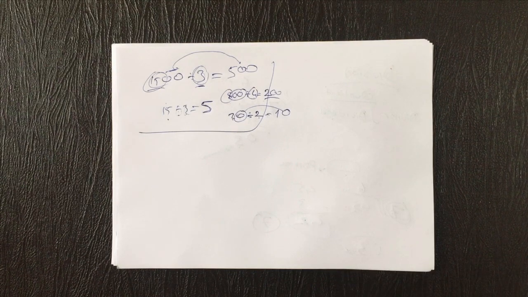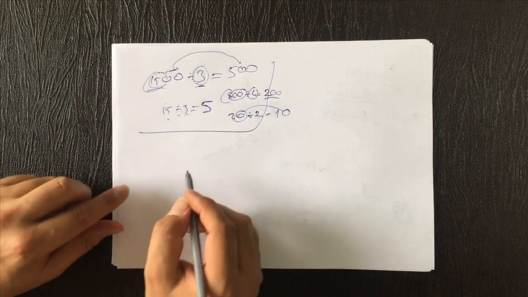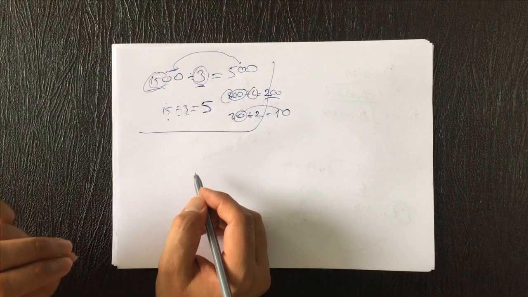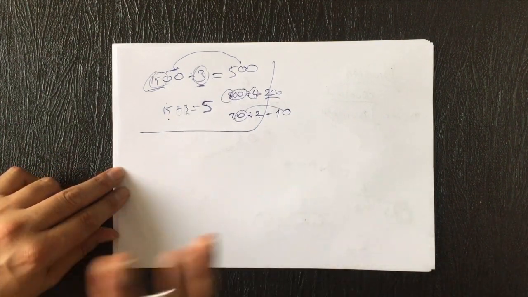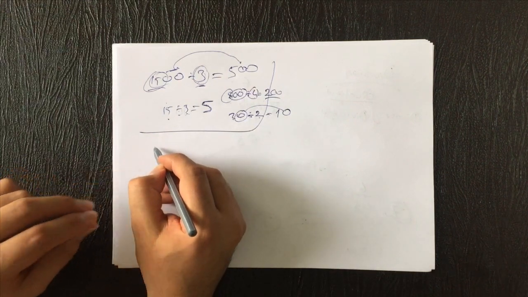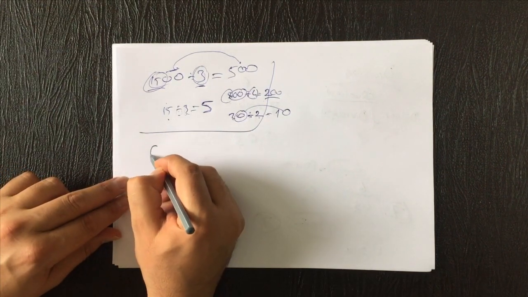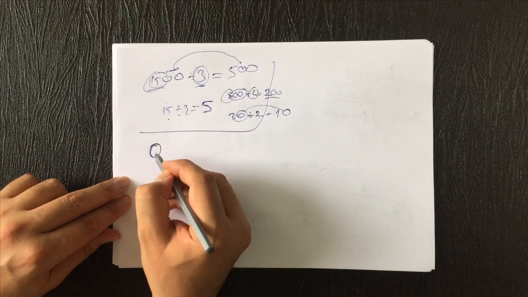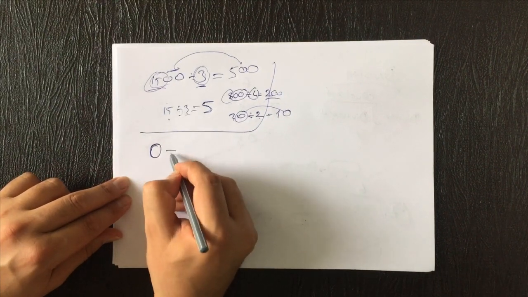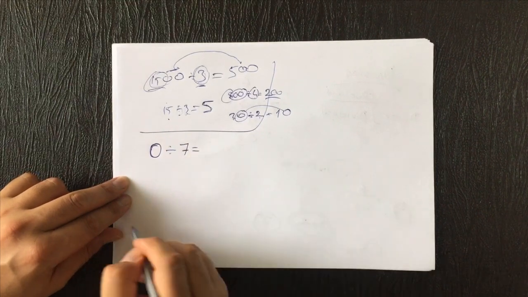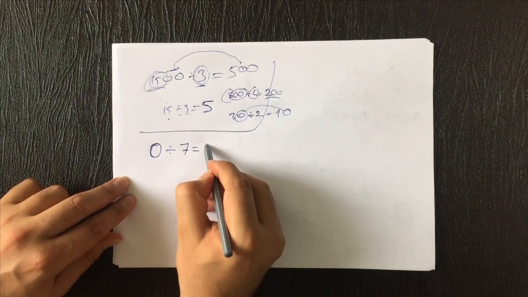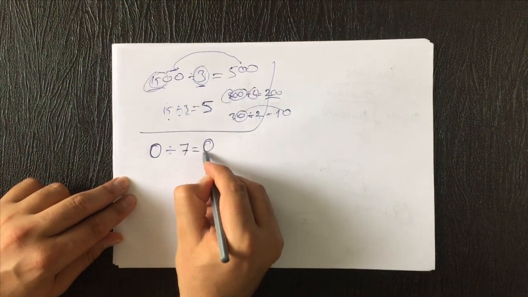So let's remember some rules for division, which we have to know and never forget in your whole life. If this is the dividend, the 0, and the divisor is some number, for example 7, then the result is 0.